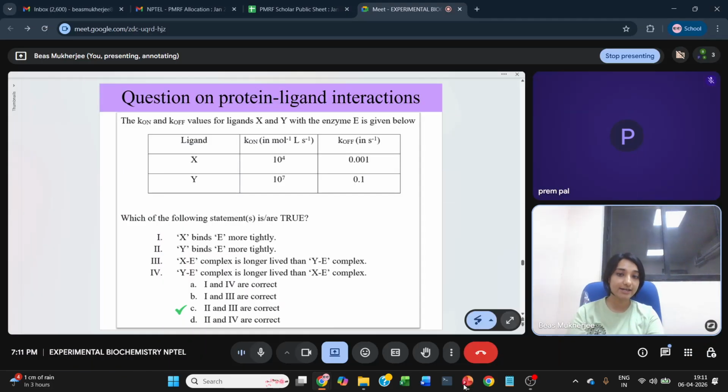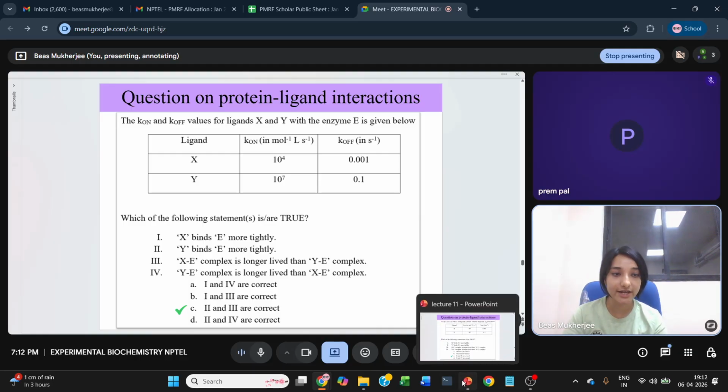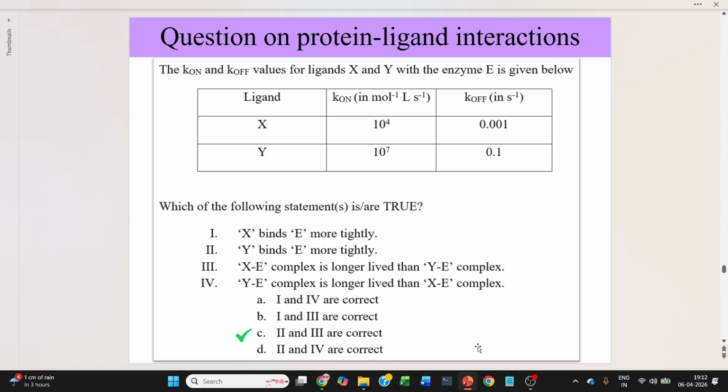C is the right answer. Why is C the right answer? Do the calculation and then we can check. K off by K on will give you which complex is binding more tightly, and K on by K off will tell you which one is longer lived.